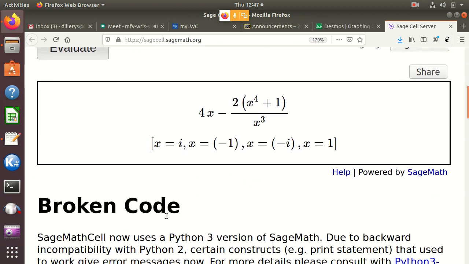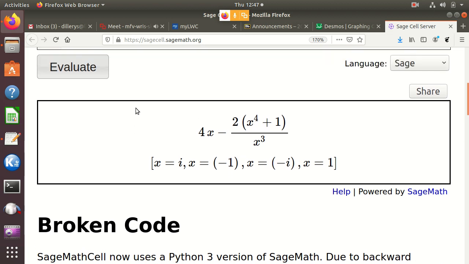Now, one little technical note. You see, the way it gave the answers down there, it gave them as a list in these square brackets. It gave them as a list, and it gave them as equations. It said x equals 1 or x equals -1.